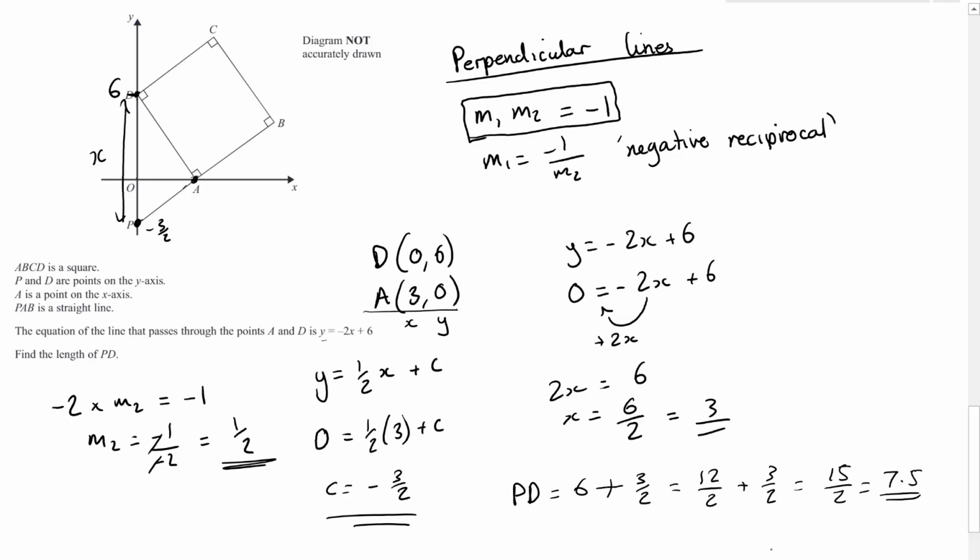And that's solved for that equation. That is the length of PD. We just had to know some things about perpendicular lines and then our ability to mess around with some of the straight line equations.